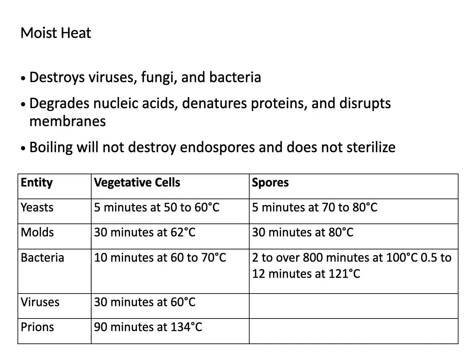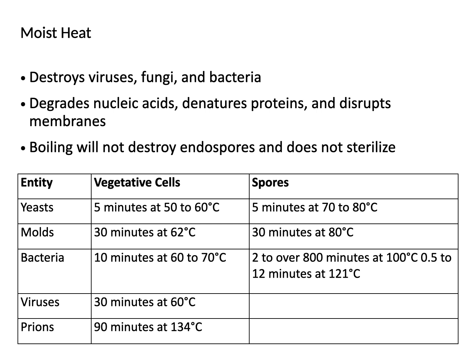With moist heat, we have water molecules that can do work, and so temperature does matter. You'll notice here that if we have vegetative cells, those temperatures are like 60, 70 degrees. If we have endospores, we need a hotter temperature.